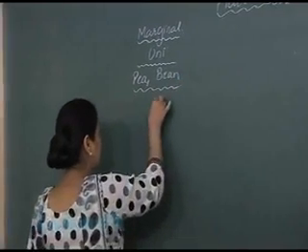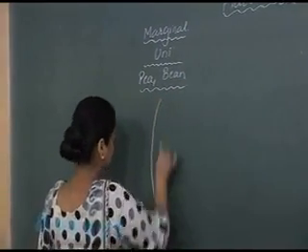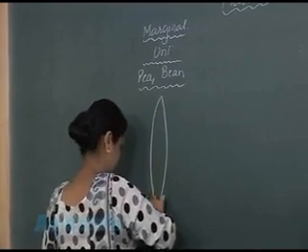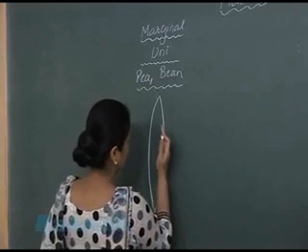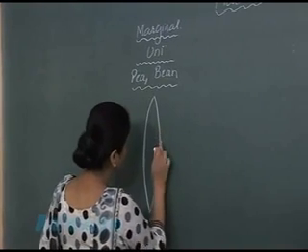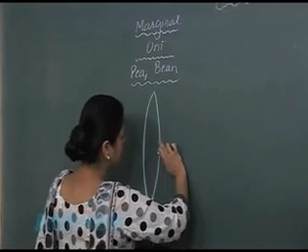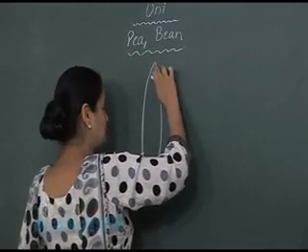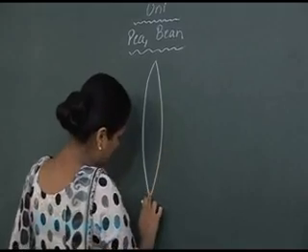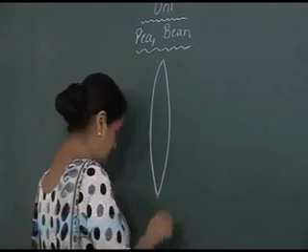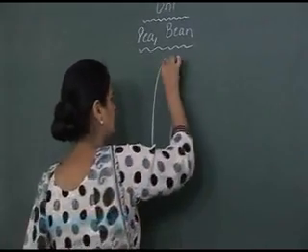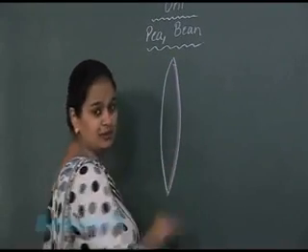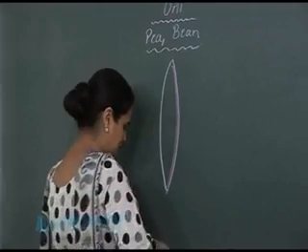So here I am drawing the fruit of pea. You can see that the two margins of the carpels are joining, and at this junction where they join, the placenta is present.